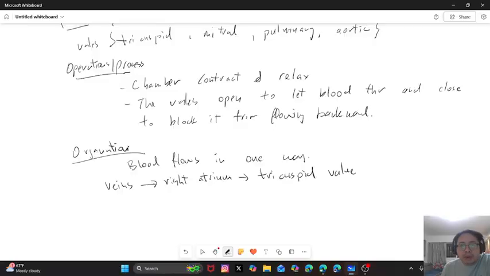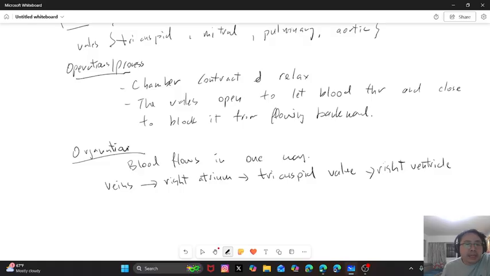So remember, a valve opens and lets blood through and closes to block it from flowing back. Okay, to the tricuspid valve, and then to the right ventricle chamber. So remember, a chamber contracts and relaxes. So the blood goes to the right ventricle.